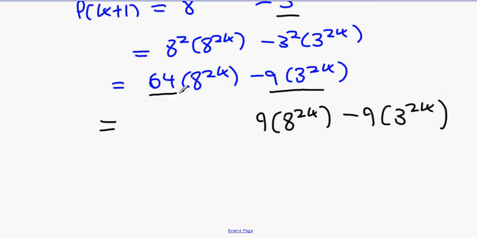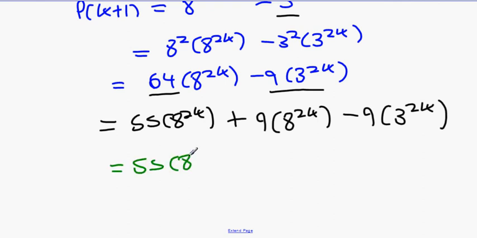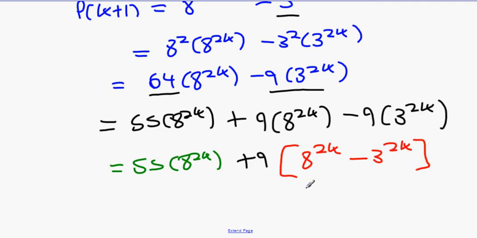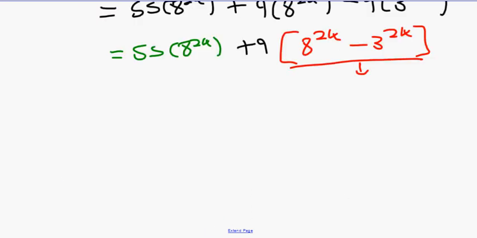Now, I've taken 9 out of the 64, so that leaves 55 8 to the 2k over. Now, when I break this up into two parts, so it's going to be 55 by 8 to the 2k. I'm going to factorise out the 9. And then inside the 9, we're going to have 8 to the 2k minus 3 to the 2k. This part here is assumed divisible by 5 by P of k.